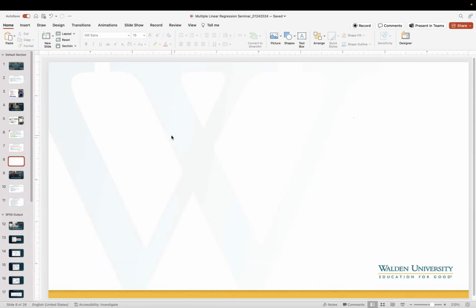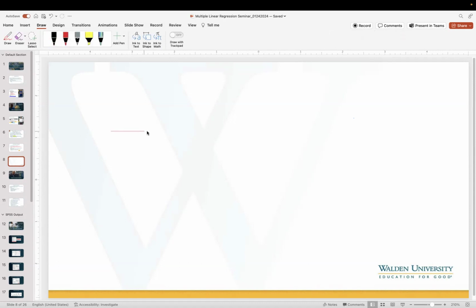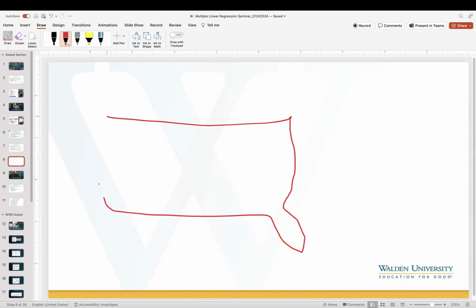Now, me living here in Northeast Florida, one of the things we're always concerned with is hurricanes during hurricane season. I'm going to attempt to do my best to kind of draw the US here, okay? And Florida being right down here in that little bottom right piece that's sticking out.